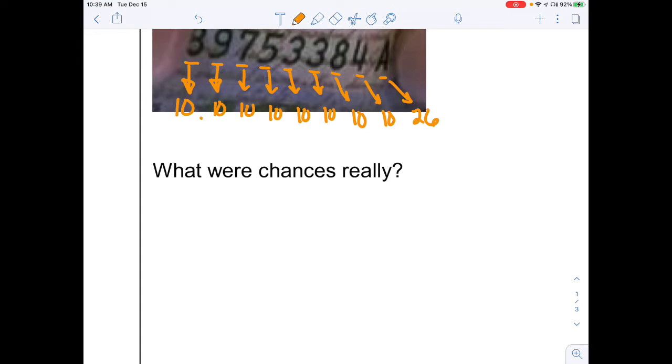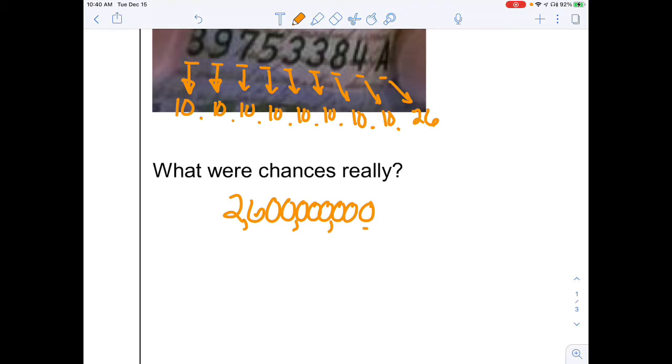If we multiply all that together, it's going to be a 26 with 1, 2, 3, 4, 5, 6, 7, 8 zeros. So let's put our commas in the spots where we know to put our commas. Look at that. She didn't have a 1 in a million chance. She had one in where are we at?